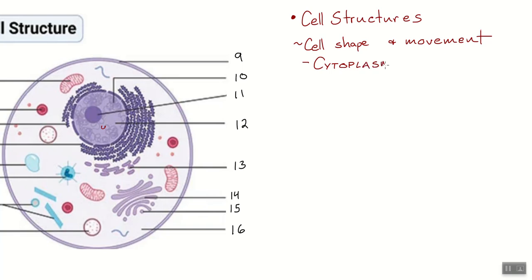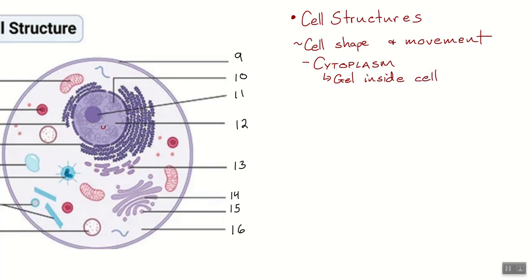The cytoplasm is the jelly structure. It's like the liquid inside of our cell, the inside of an egg, the inside of a cell. Very nice analogy. I'm just going to real briefly define gel inside cell.